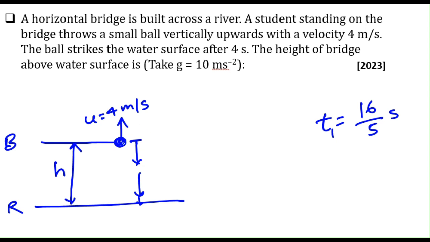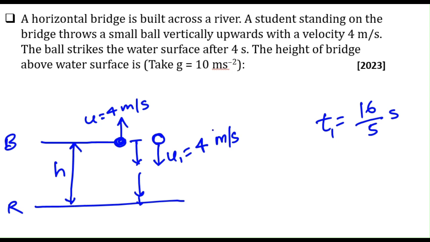Now we can calculate with what velocity it starts from the bridge level. That is, you can calculate u1, and this u1 will be 4 meter per second. If you want to calculate it, you can do it very easily. How can it be calculated?